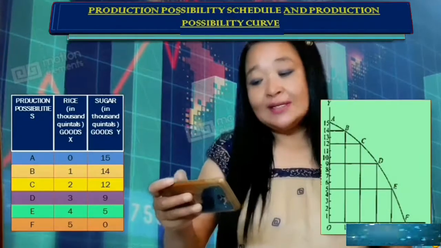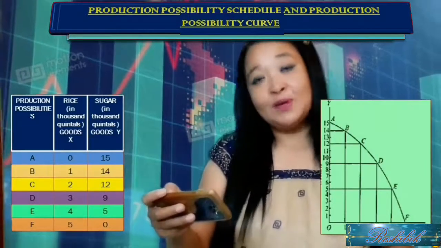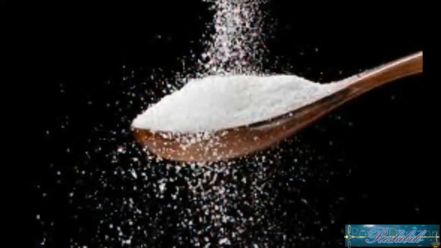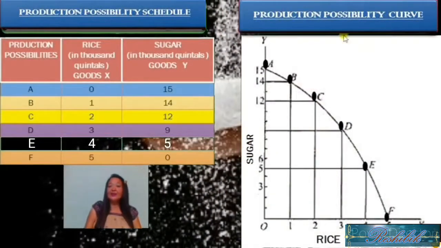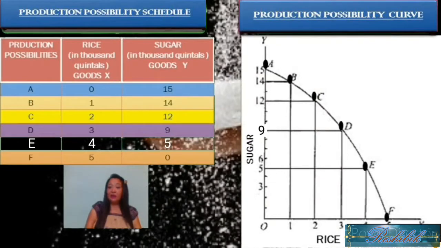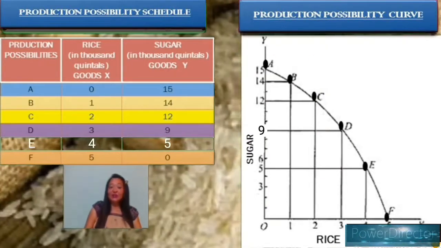With the help of this diagram, I'm going to help you understand more. So this is your production possibility schedule and this is your production possibility curve. Now, what is a PPS?